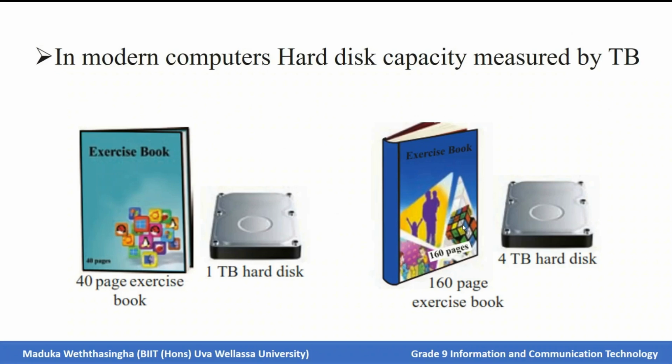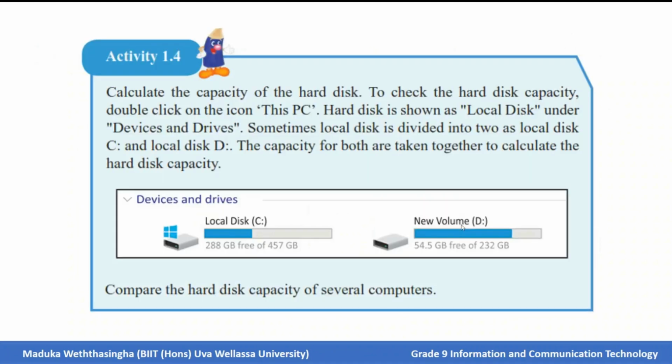Yes, definitely the second one. As with a 1 TB hard disk and a 4 TB hard disk. When we compare both hard disks, we know we can store more data in the 4 TB hard disk. Therefore, when you purchase a hard disk for your computer, you need to consider its capacity.